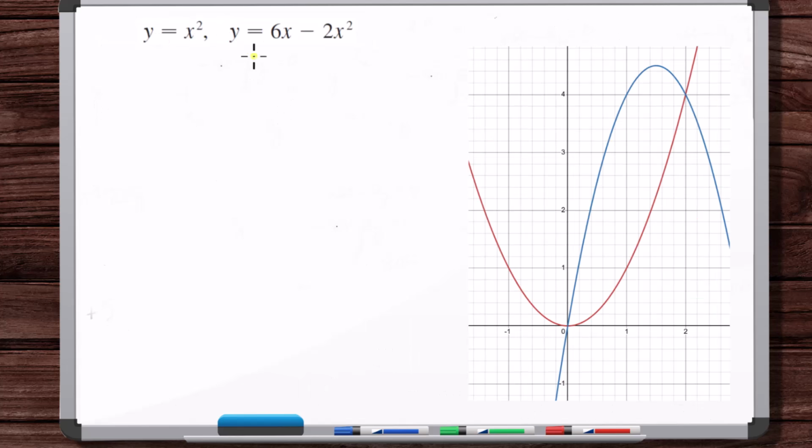Okay, same type of problem. We're going to rotate about the y-axis again the region contained by these two curves. Here is y equals x squared, and here is y equals 6x minus 2x squared.